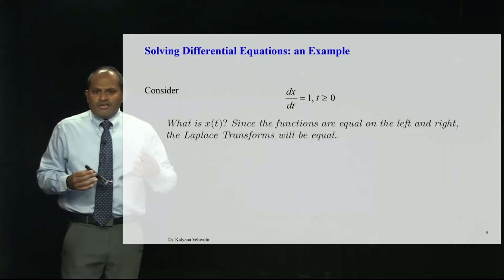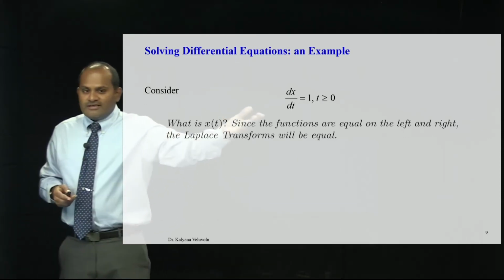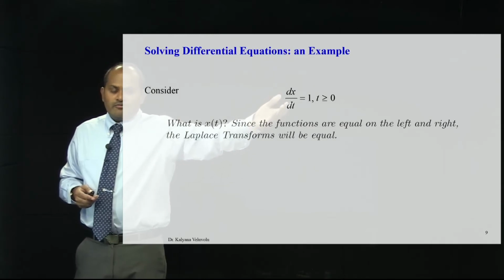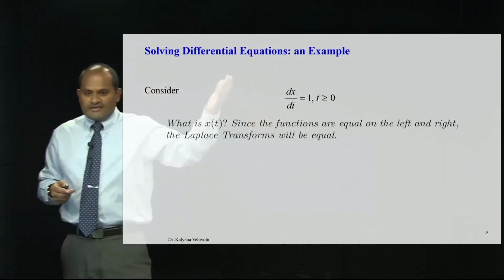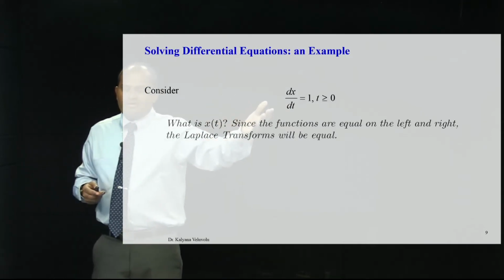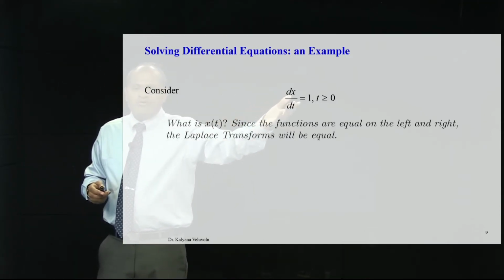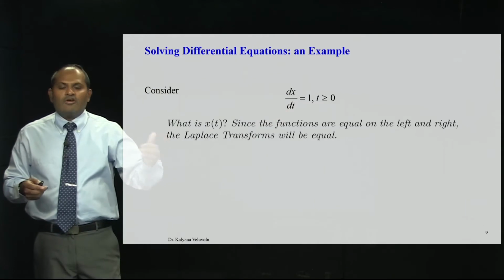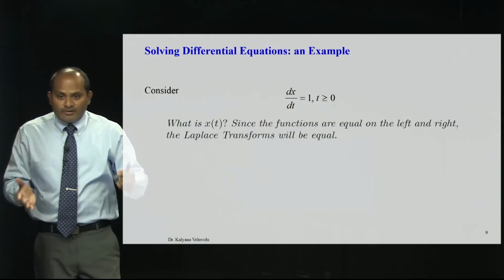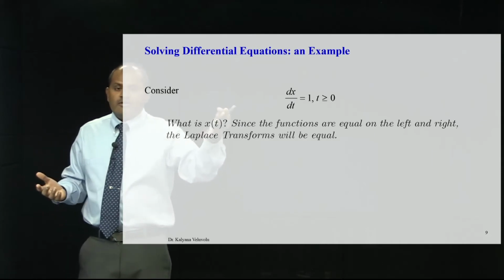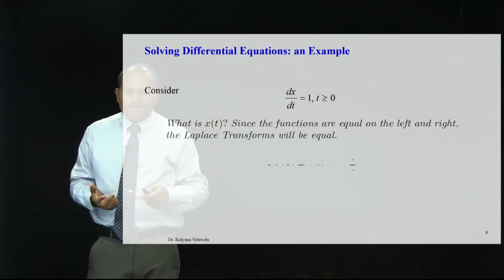So, first we take the time domain equation dx by dt equal to 1. If I want to solve for x of t, that is the main purpose. So, solving dx by dt equal to 1 means I want to solve for x of t. We apply the Laplace transform on both sides, the left hand side and the right hand side.